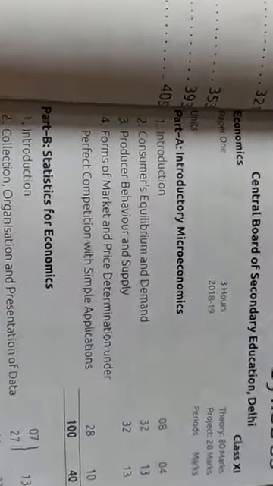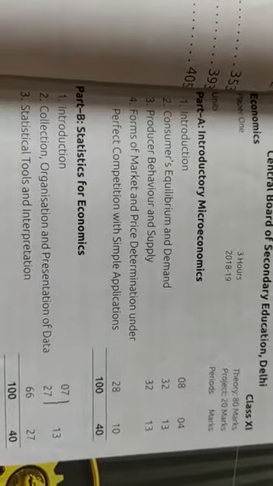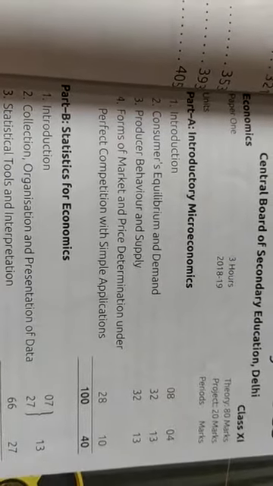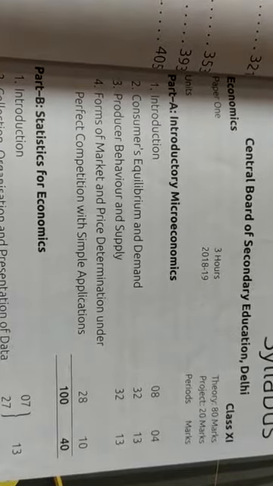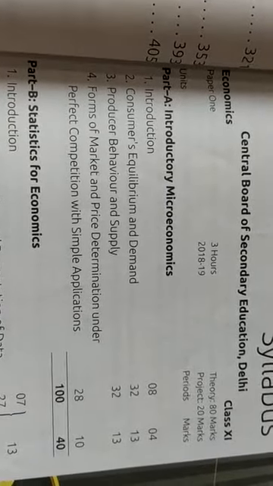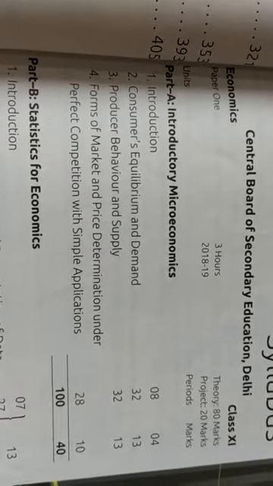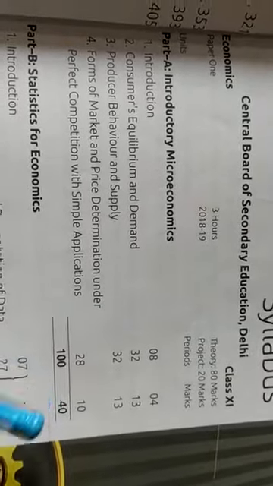In introductory microeconomics, we have firstly, of course, the introduction part, then consumer equilibrium and demand. After that, we have the next unit, producer's behavior and supply. Up next is forms of market and price determination under perfect competition. Your very first part contains 40 marks.